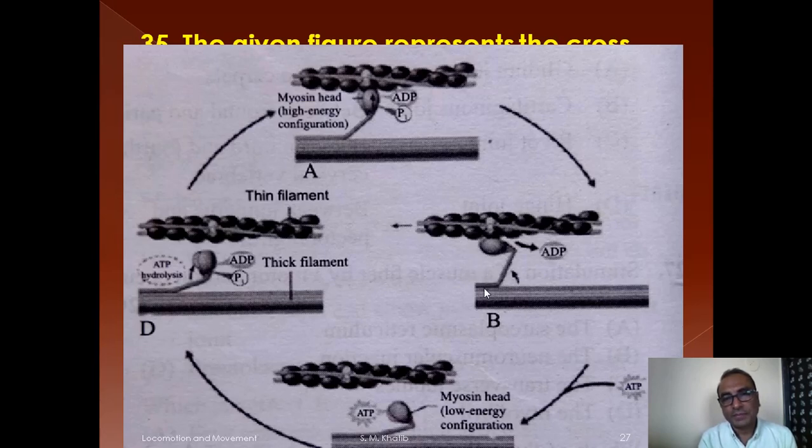And this cross bridge is bending inward to pull it. Already it is bent so that the actin filament has moved inside, and the ATP is broken into ADP and inorganic phosphate. Okay, so let us see the options.